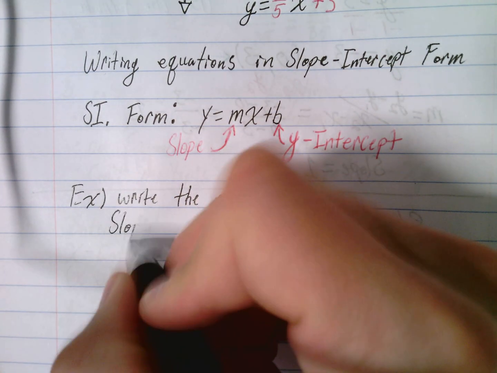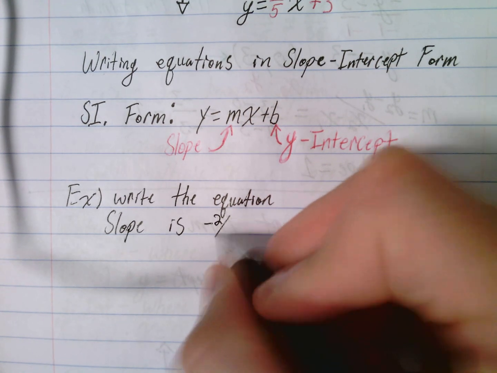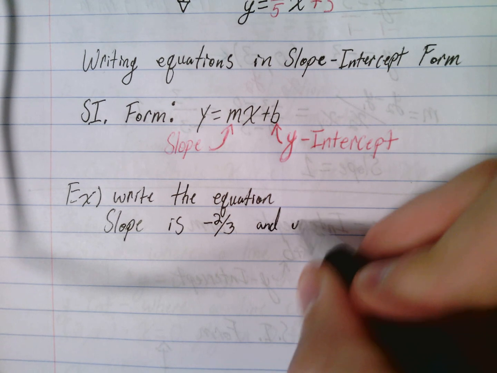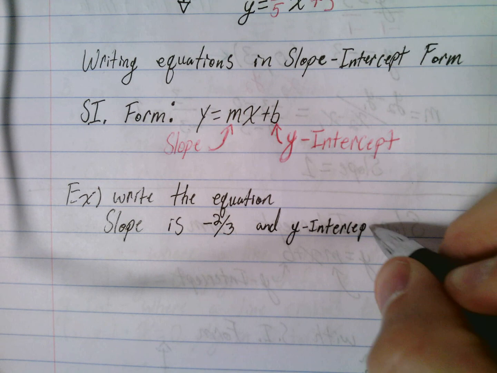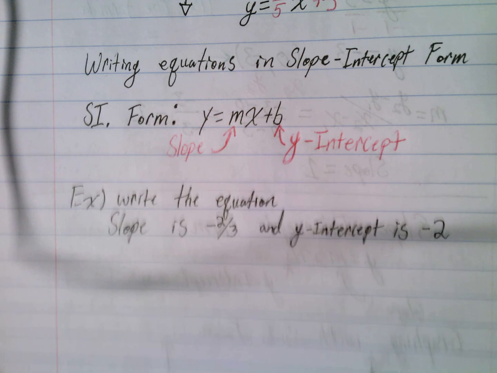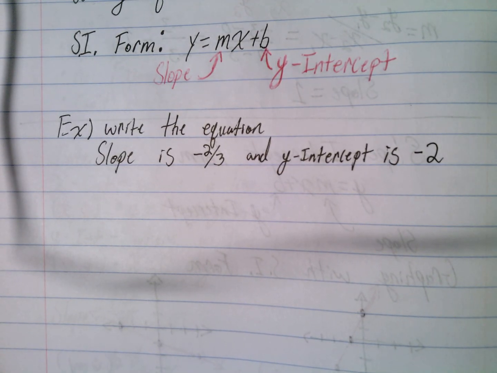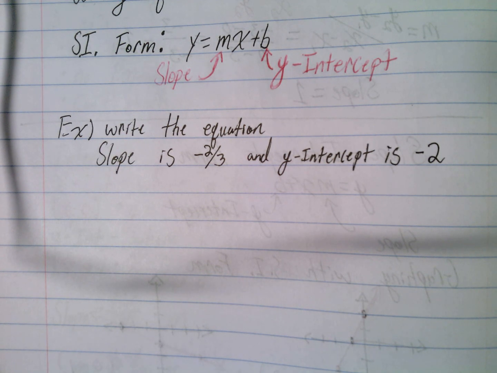If I tell you that the slope is negative 2/3 and the y-intercept is -2, what would the equation be? I want to write it in slope-intercept form. What would the equation look like?